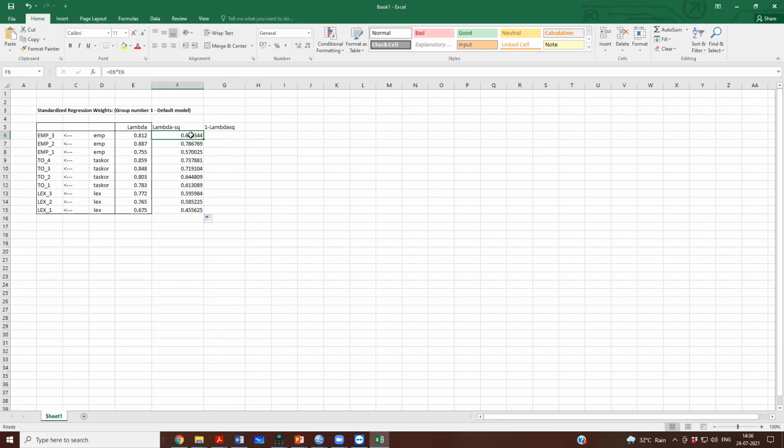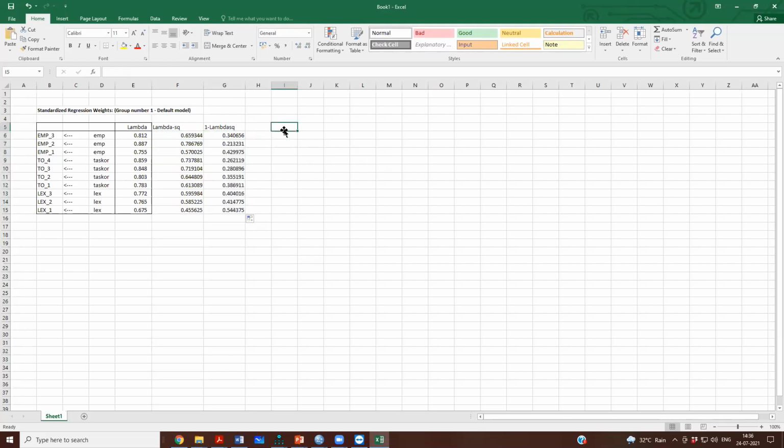We are just multiplying 0.812 with 0.812, E6 with E6, E7, and so on. Then 1 minus lambda square, so 1 minus F6. This becomes your 1 minus lambda square, and then you pull this formula down to all the cells.